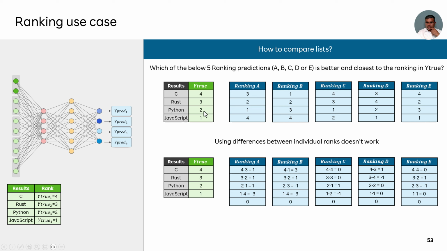Prediction is 1, ground truth is 2. 2 minus 1 is 1. Prediction is 4, ground truth is 1. 1 minus 4 is minus 3. If you add all of them up, it sums up to 0. But it sums up to 0 for any of my predictions. So I definitely cannot use the differences between individual ranks. So how do I solve for this?